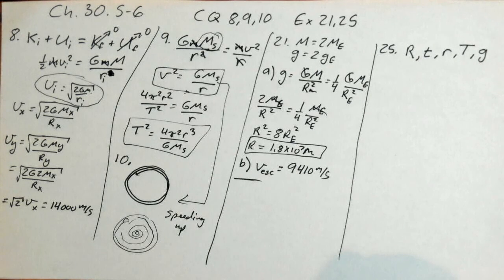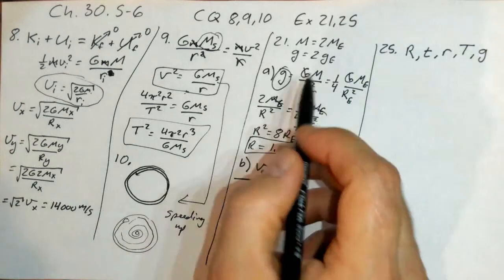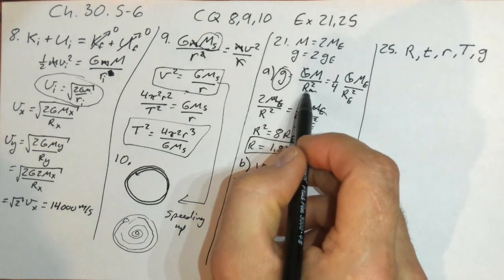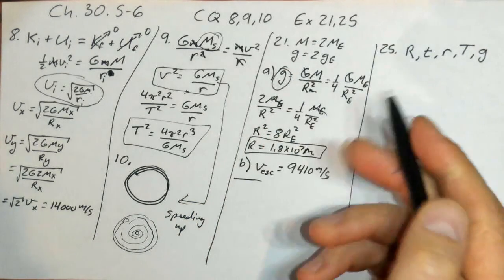Now the question is what is the mass of the planet and the mass of the star? How do we find the mass of the planet? Well, here's a hint right here. Do we have enough information to find the mass of the planet? Yes, we do. We know g. We know the radius of the planet. We know big G, so we can find that mass.